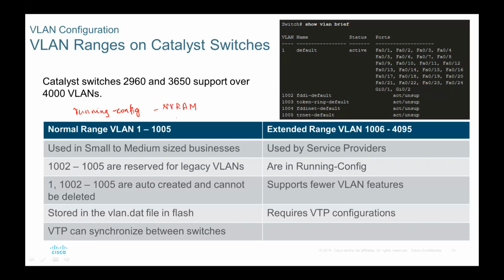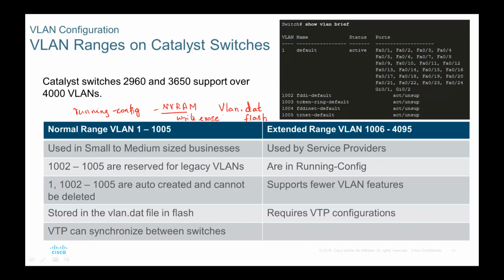Now the configuration that we do for the VLAN gets saved in a file called vlan.dat. It is a file which is present in the flash memory. So even if you erase the NVRAM by writing the command write erase, and when we reload, the VLANs that are created will not get erased.